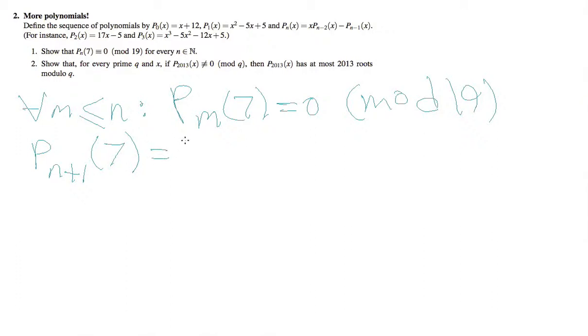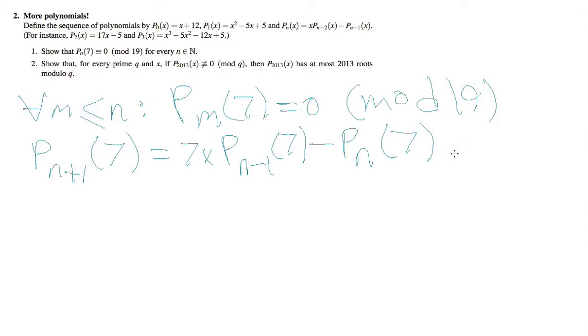Pn plus 1 of 7 is equal to 7 times Pn minus 1 of 7 minus Pn of 7. Now from our inductive assumption, we know that Pn minus 1 of 7 and Pn of 7 are both equal to 0 mod 19.